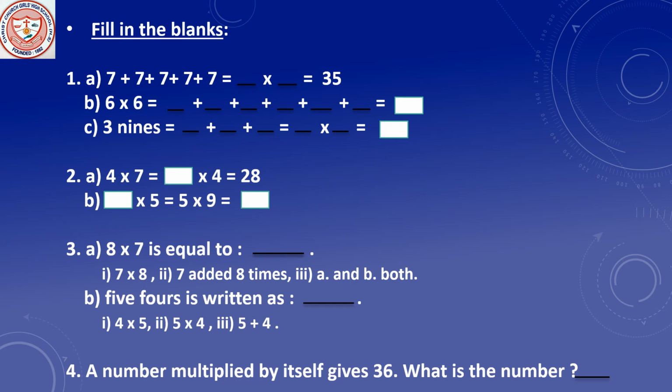Question number 4. A number multiplied by itself gives 36. What is the number?